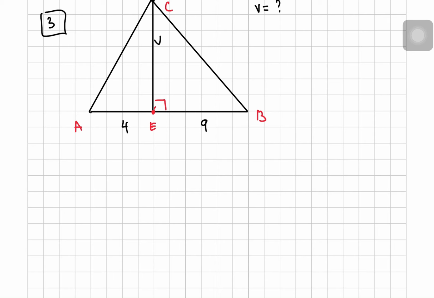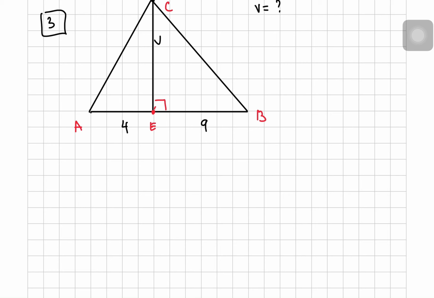You can again pause the video if you want and see if you can figure out how, even without the formula. The trick here is to know one formula.